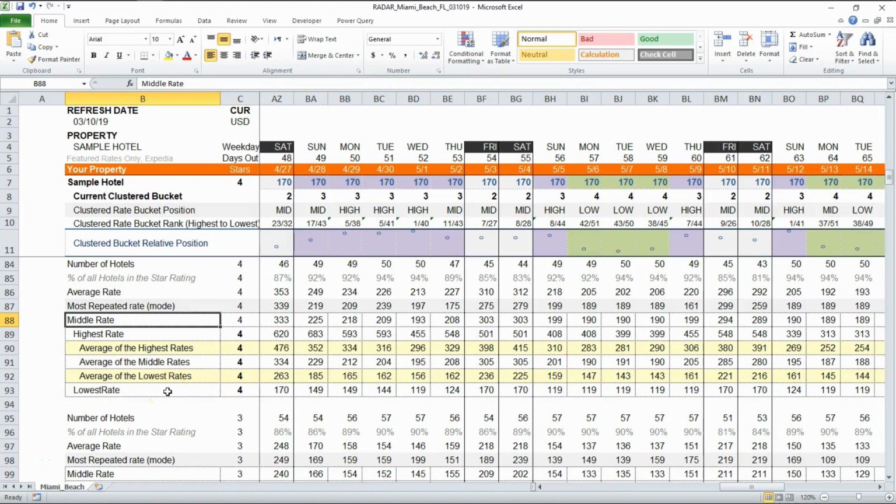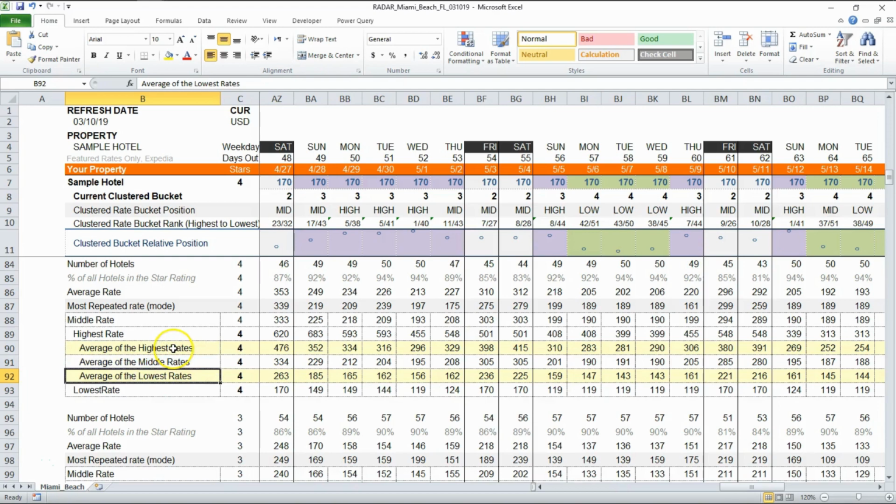As you can see, for each star rating, we have the lowest rate and the highest rate and the middle rate. The middle rate is the mean for that star rating set. Then we can see the averages for each third of the rates.